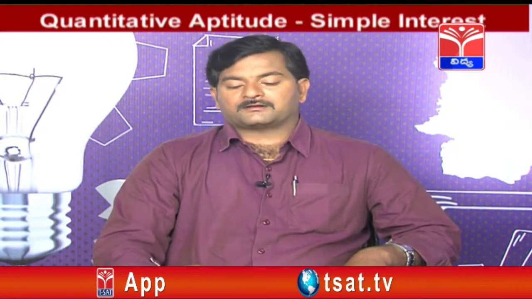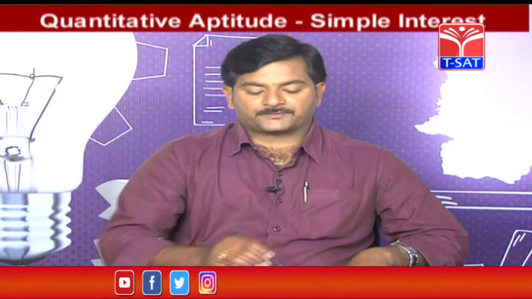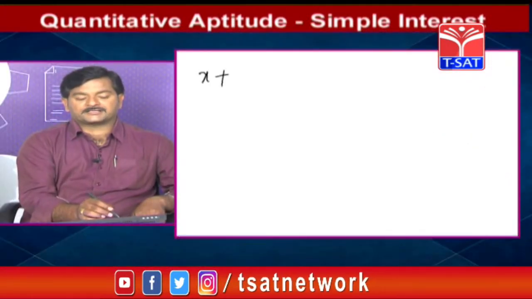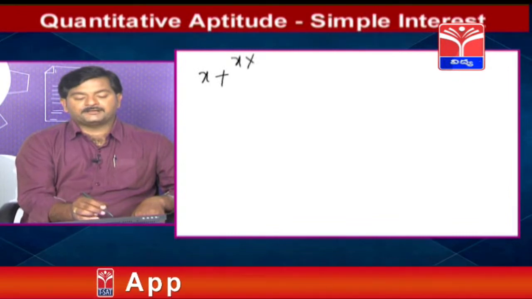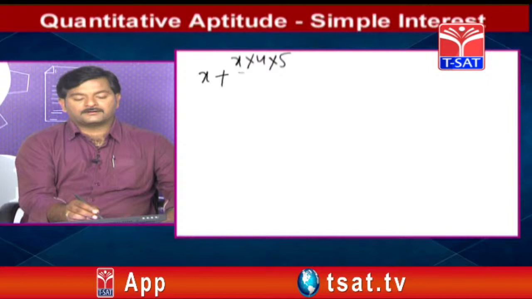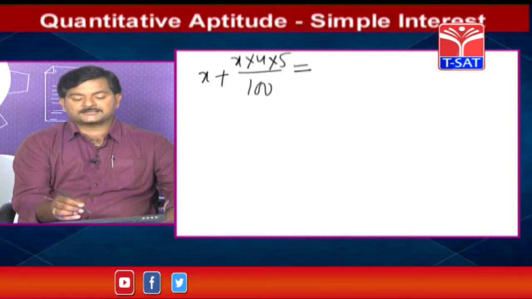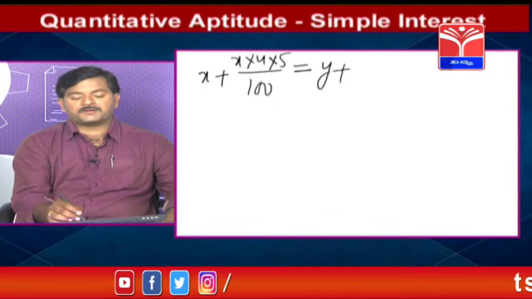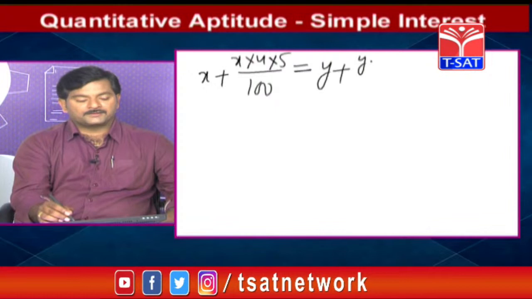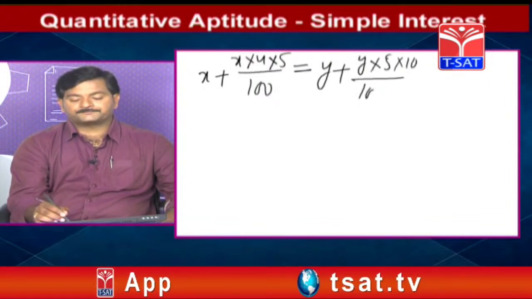So here let's say the first part is X, and I have to find the interest. The interest is P, T, R by 100, since the T and R values are given. This is the amount in the first case. In the second case, let's say the second part is Y. We can find the interest in the same way, P, T, R by 100.